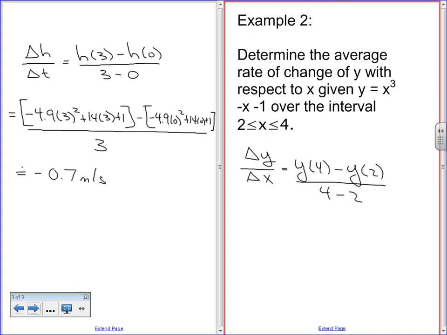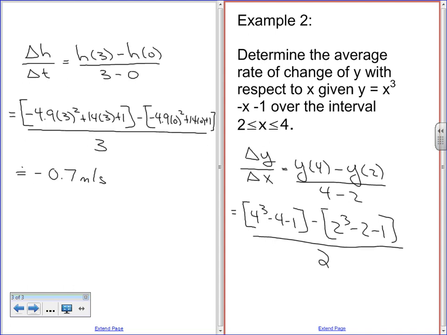So to determine y at 4, I'd substitute 4 into my function. And to determine y at 2, I substitute 2 into my function. And I divide that all by the change in the x, which is 2.